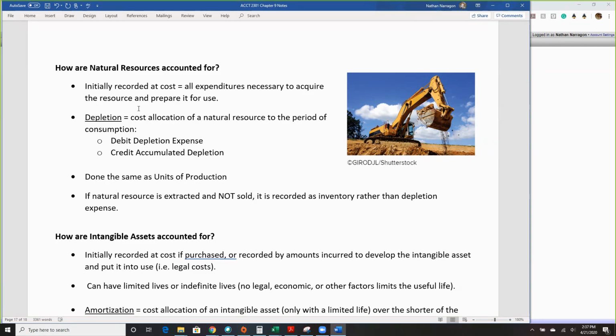So again, any resource, we're going to have depletion. If you actually have one that talks about depletion, these are the accounts we typically use: depletion expense and accumulated depletion.